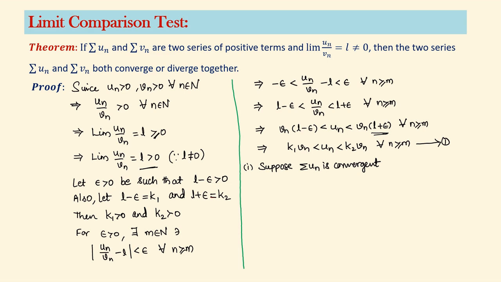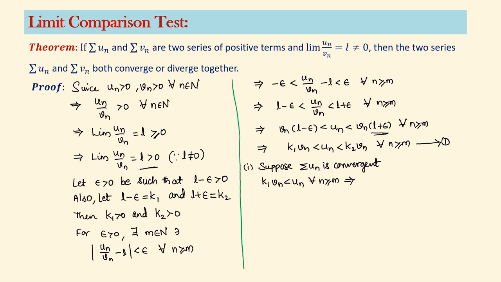So let us consider these two parts: K1 Vn less than Un for all n greater than or equal to m.